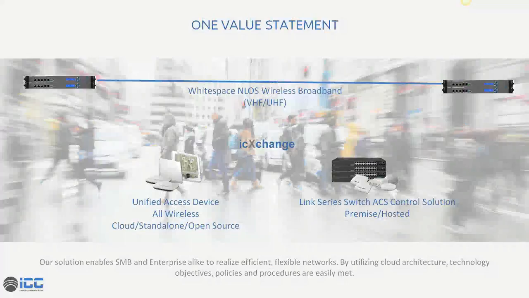After having said all of that, ICC networking is able to deliver not only and solve the problem of connectivity over the long haul with white space non-line of sight wireless broadband, to be able to penetrate through walls, trees, around mountains, through buildings, etc., over long distances and even over water, but then into the wireless LAN environments, where we focused today on the unified access devices and their plethora of feature sets that can be done via the cloud from a standalone perspective, as well as an open source perspective, to then drive content and revenue to our partners to have a better total cost of ownership, and also better ownership of their network environment, to even our virtualized premise solutions as well.